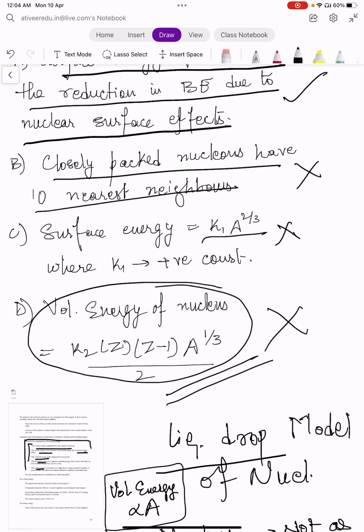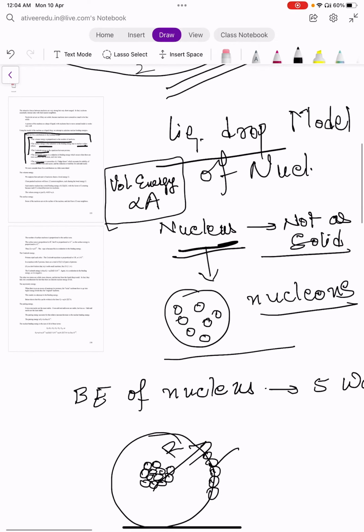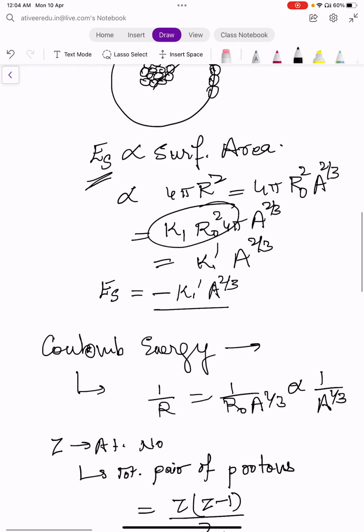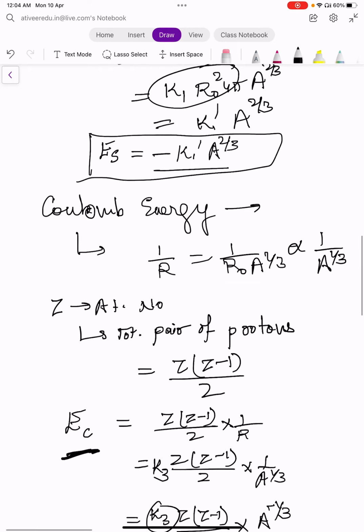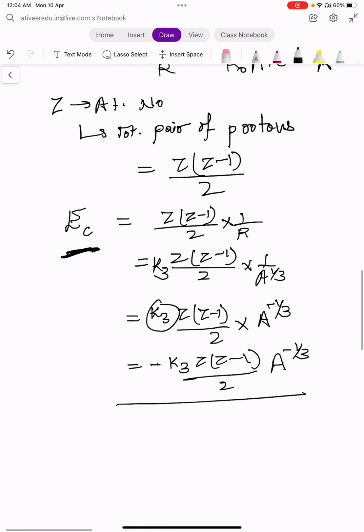Now, the volume energy is proportional to the number of nucleons. The surface energy is proportional to a to the power 2 by 3. The Coulomb energy is proportional to a to the power minus 1 by 3.